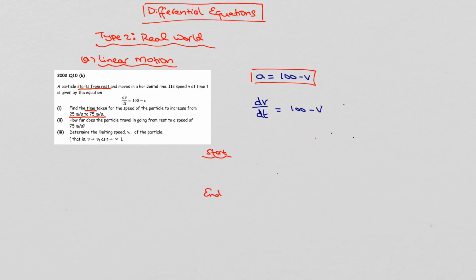So what's our start and our end limits? Well, at the start, we're told it's starting from rest, so therefore the start time will be 0 seconds. The velocity is changing from 25 meters per second. At the end, we're looking for t, and the final velocity is 75 meters per second.